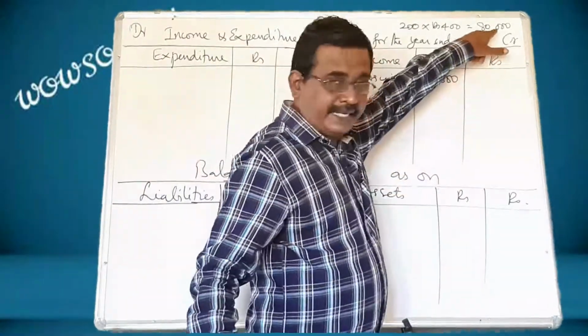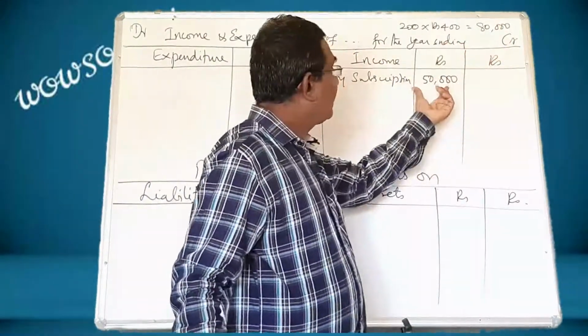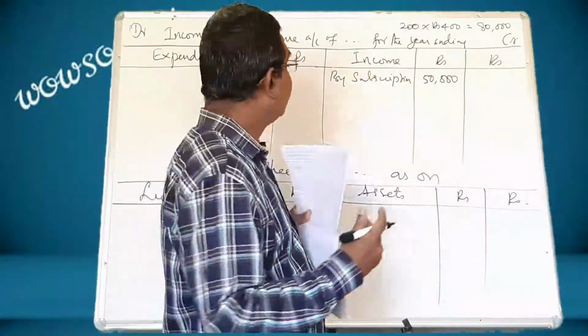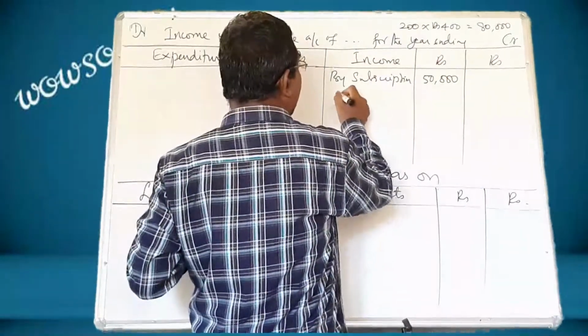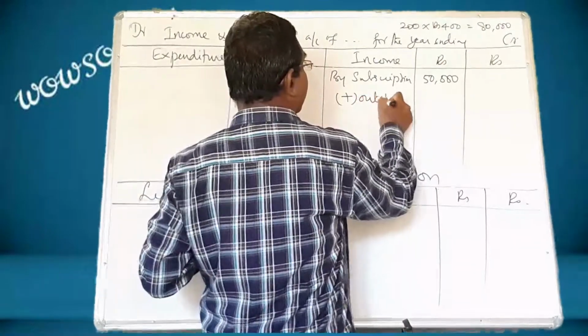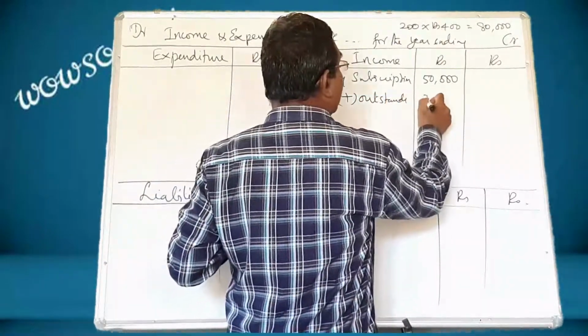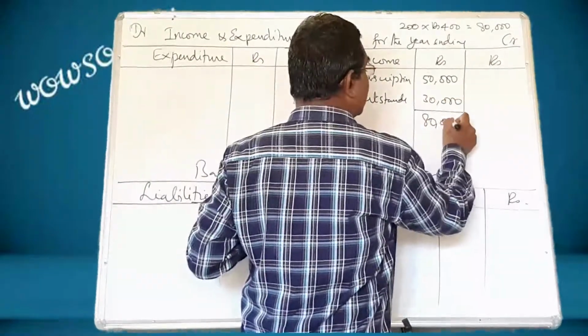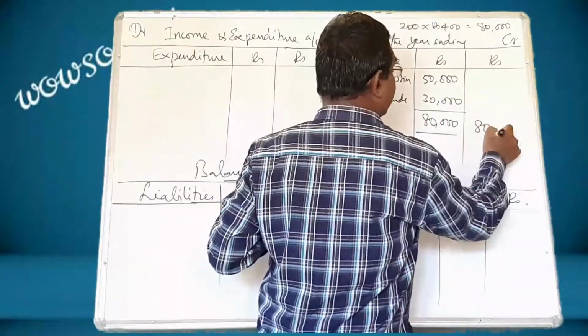Instead of collecting 80,000, they have collected 50,000. What is the remaining? 30,000. And the 30,000 is the outstanding subscription. You have to add these two, and that total amount should be shown in the outer column.